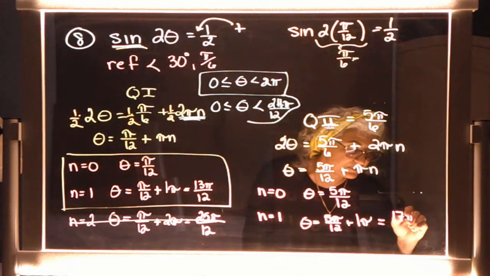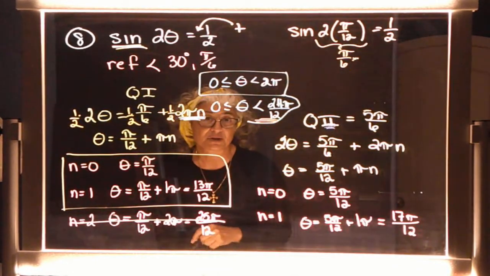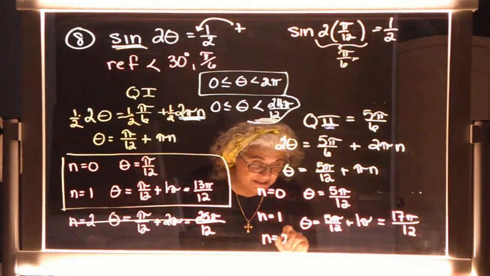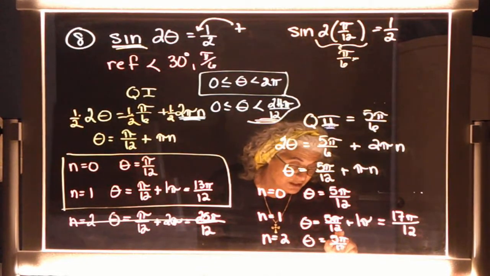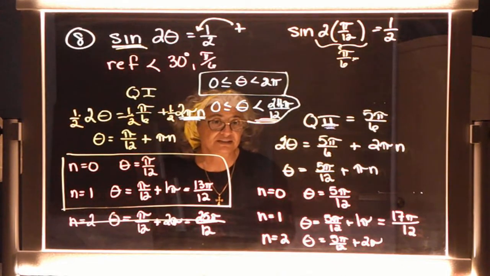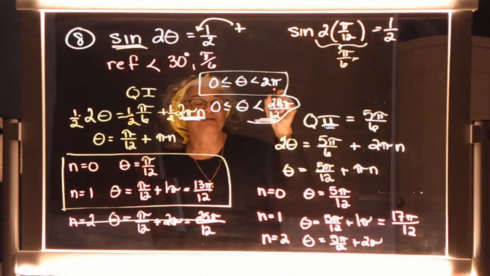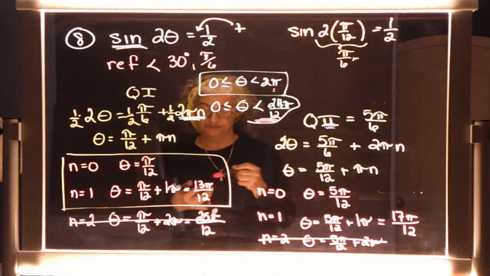I get 17 pi over 12, which is still less than the 24 pi over 12. So I'm going to keep going. How about n is 2? You get theta equals 5 pi over 12 plus 2 pi. I already know that's over the circle, right? That's already beyond the 2 pi. I don't even have to add these two. So that's not going to work for us.